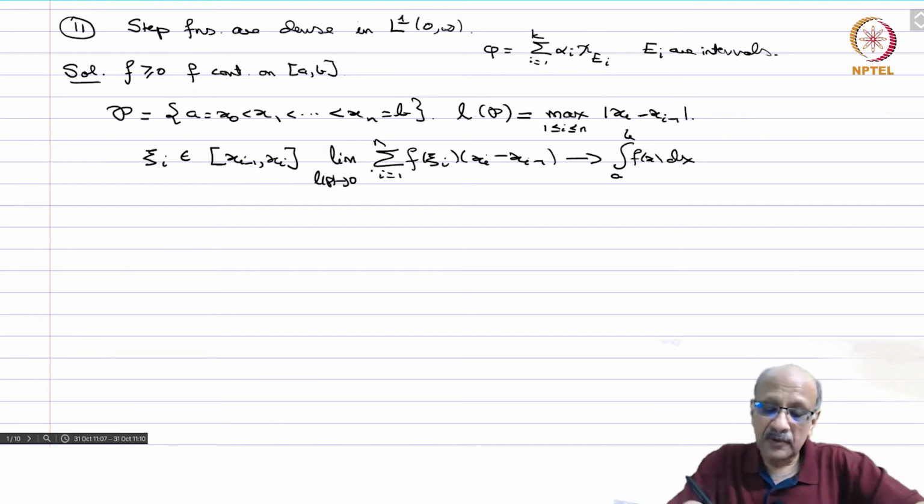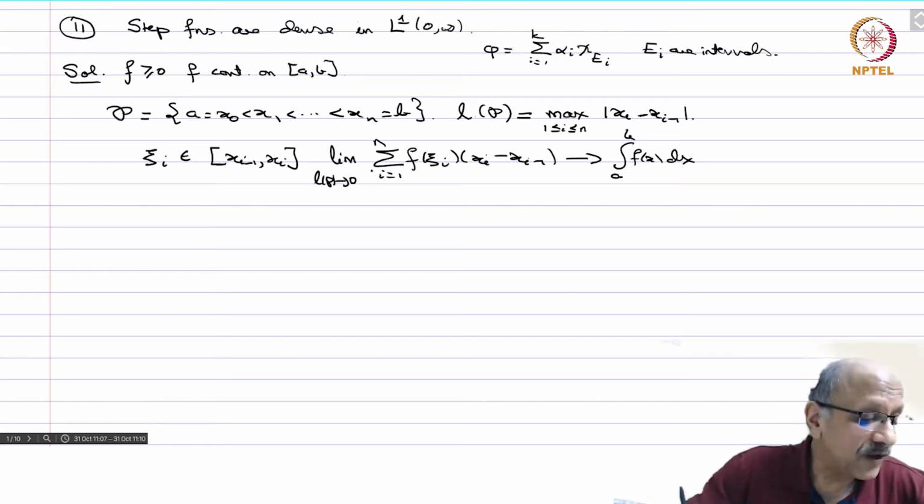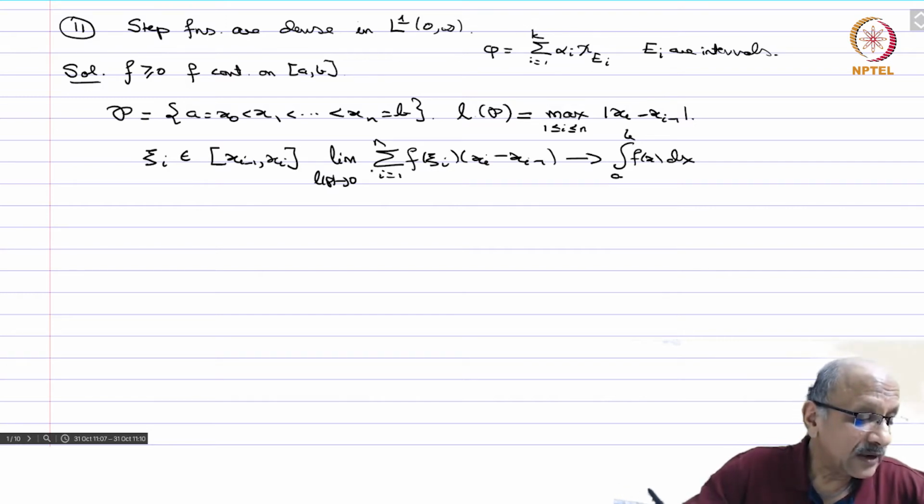So you take all possible partitions, the maximum should tend to 0, so the partitions become finer and finer. Then these Riemann sums converge to the Riemann integral, but we are dealing with continuous functions, therefore the Riemann and Lebesgue integrals are one and the same.